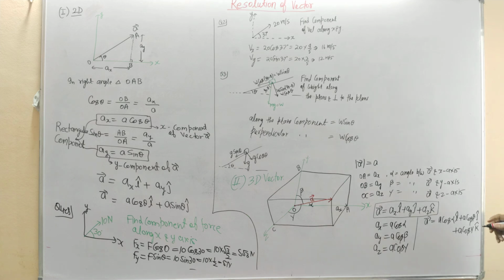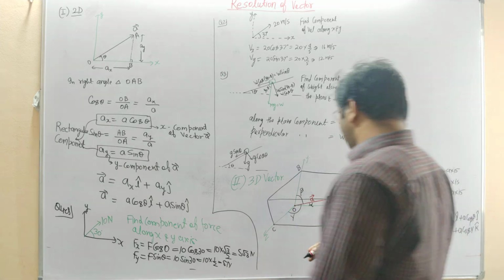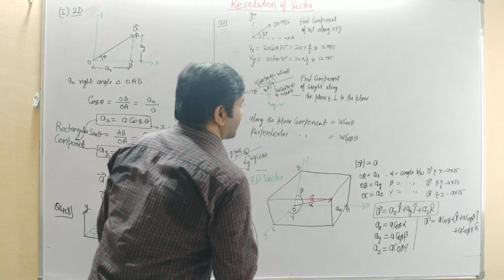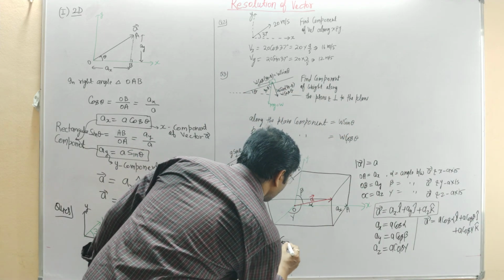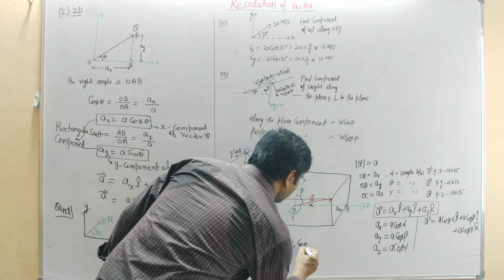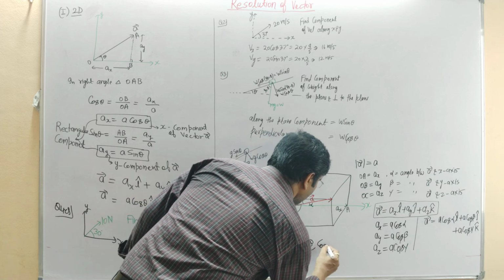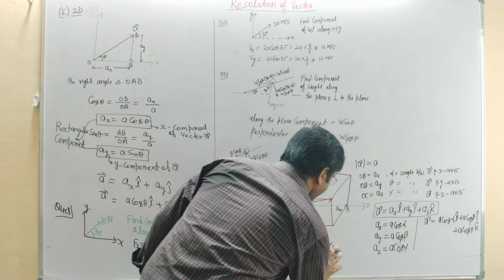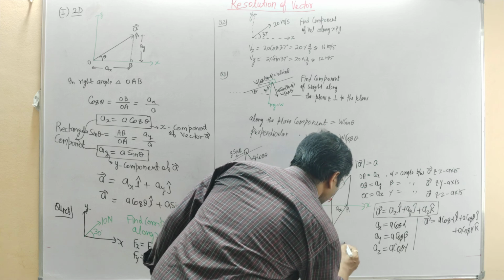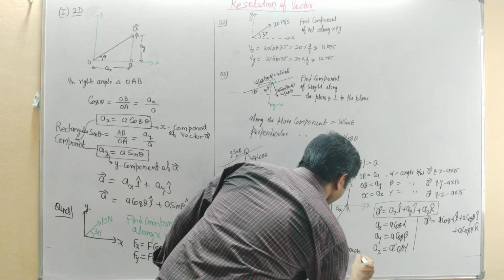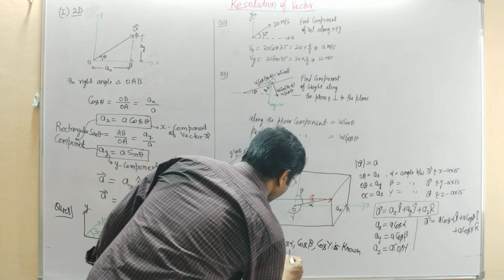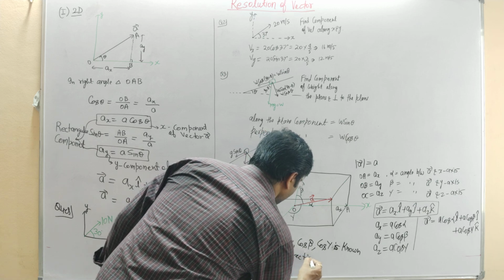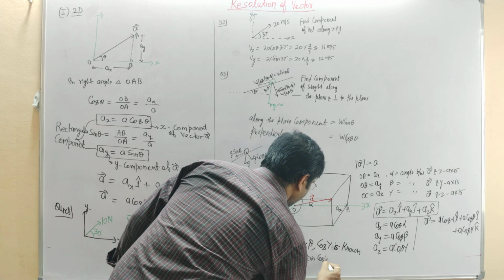Here cos alpha, cos beta, cos gamma are known as direction cosines.